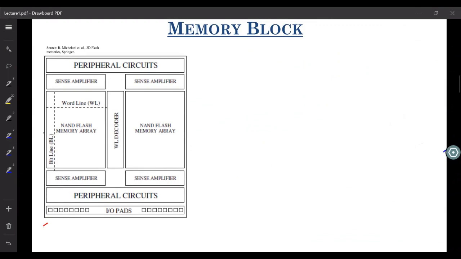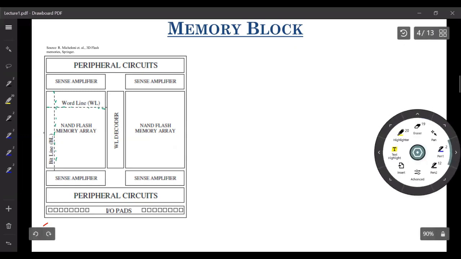If you look at the chip that is available as your SD card or your USB stick or even in your SSDs, you'll have something like this over there. An individual memory block will look something like this. For the sake of simplicity, let us assume that word lines are going in this horizontal direction, bit lines are going in this vertical direction.